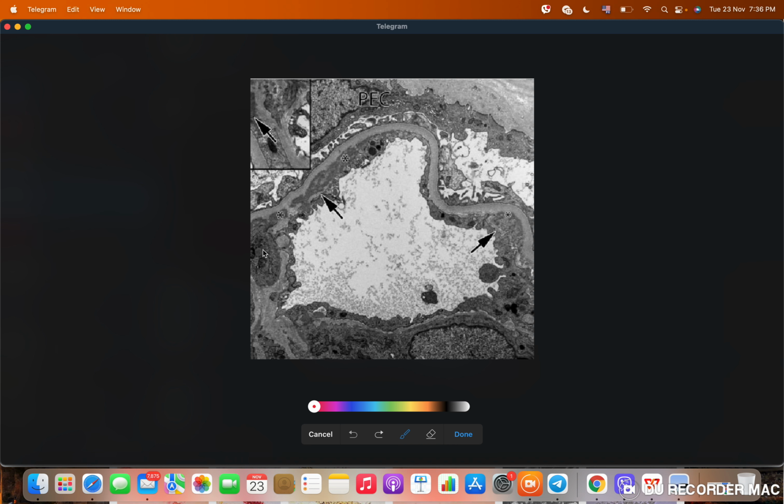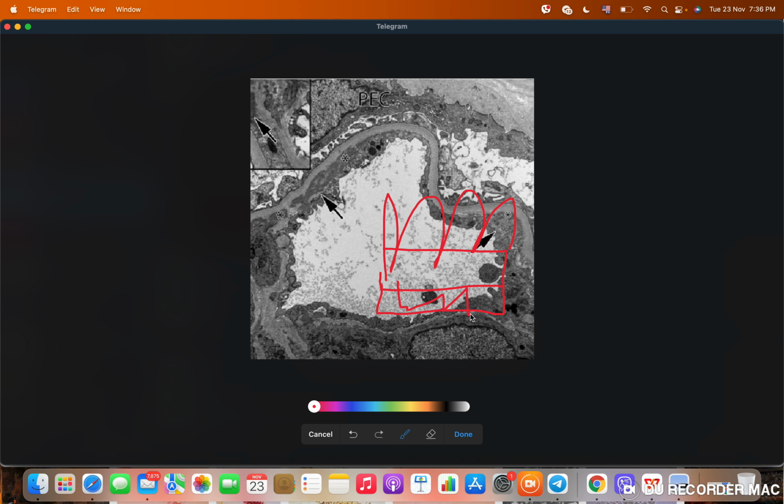Your next thing to do is to be able to detect which area is the vessel, which is like inside of your glomerular capillary, and which area is the Bowman's capsule. Remember, it's like a sandwich. So if the basement membrane was here, the podocyte will be from one area and the other side will have endothelial cells.